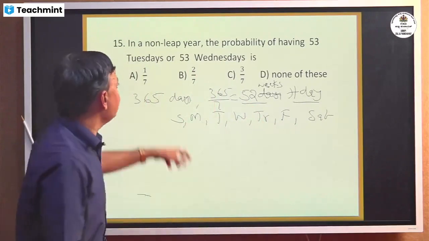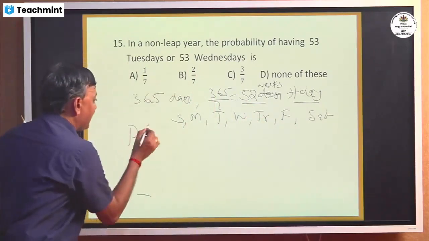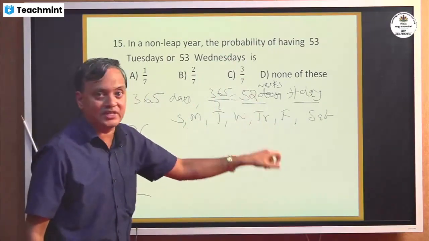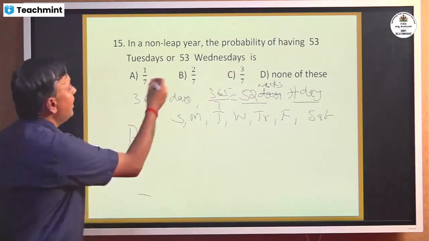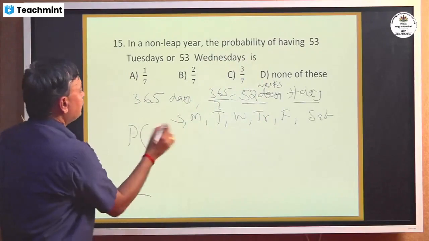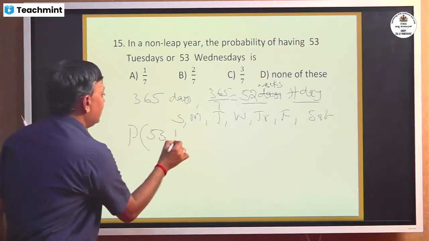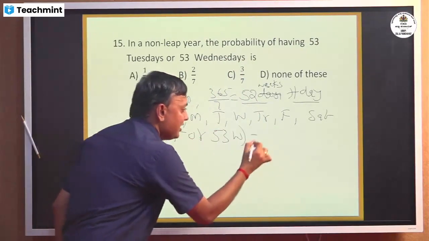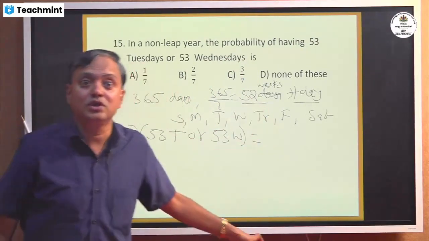Then what is the probability? When this 1 day is added, 52 plus 1 is 53. So the probability of 53 Tuesdays or 53 Wednesdays is equal to, here we have to use the union probability.